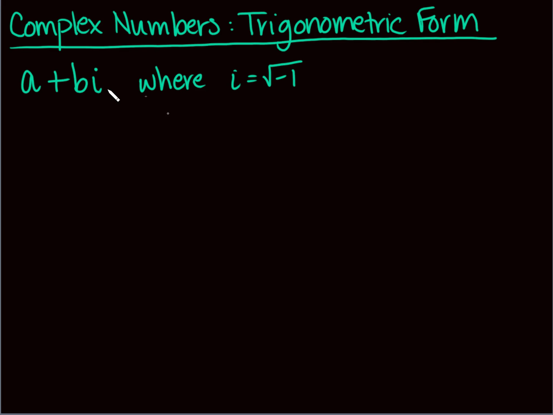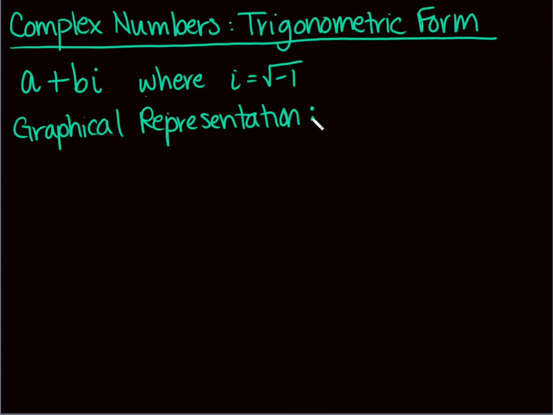So we can actually graph these. So the graphical representation of a complex number, we can think about it like this. Think of a real number, right? If I asked you to graph the number 2 on the real number line, you would come over to 2 and there, that would be your number 2.